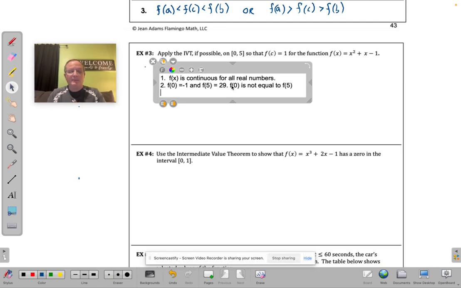Then number 3. Since 1 is in between the two endpoint y values of negative 1 and 29, then the intermediate value theorem applies.